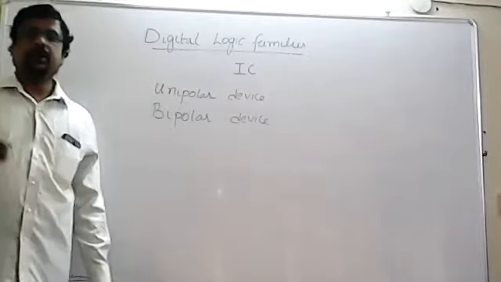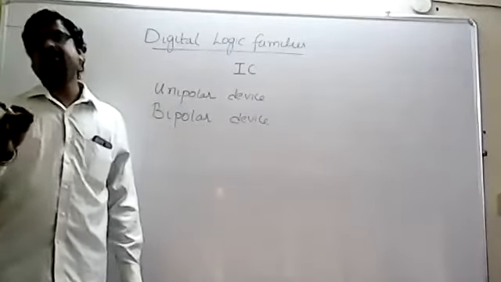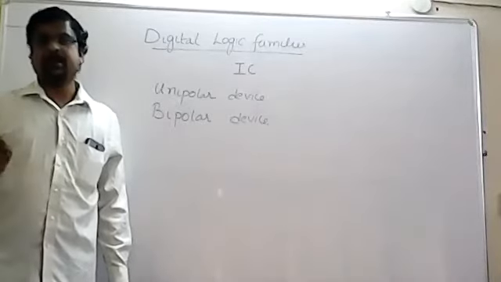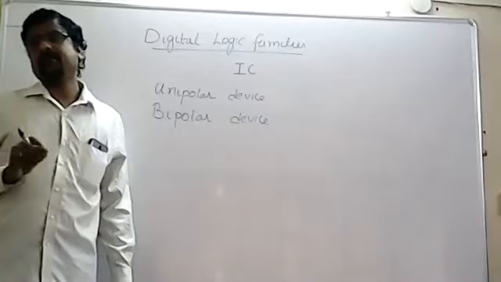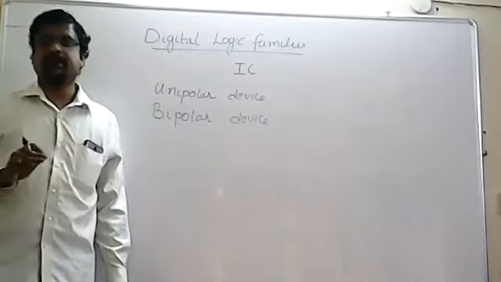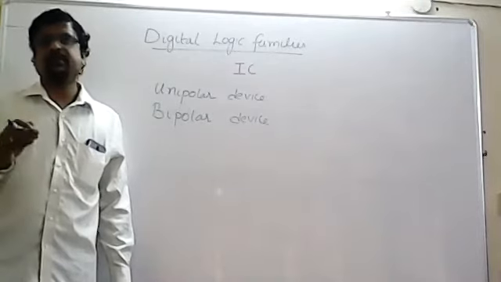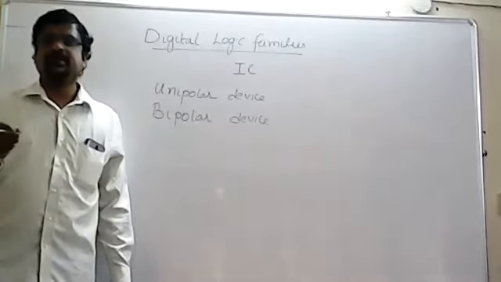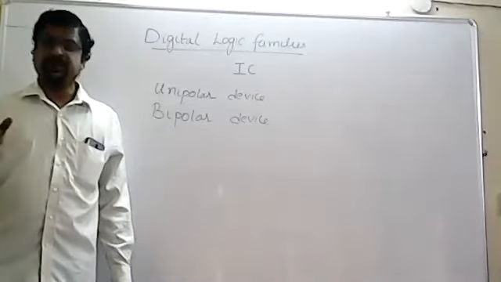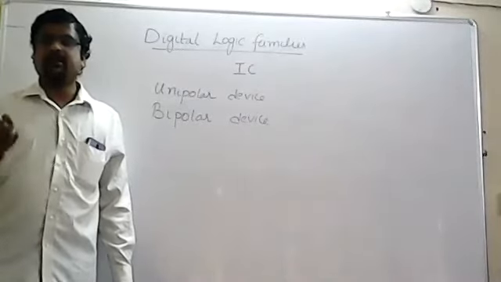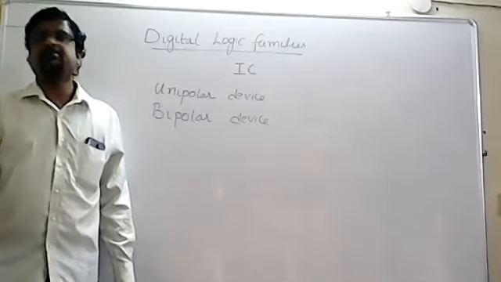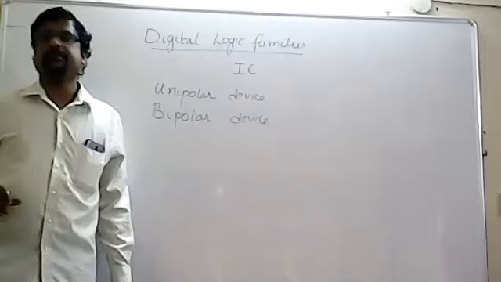For example, today you have designed a circuit using an OR gate which you purchased from the market, and the make of the company, let us say, is National Semiconductor. We have been using this IC for so many days, so many months. Suddenly it got damaged. Now you go to the market to replace that IC, but at that moment there is no IC available which is manufactured by National Semiconductor.